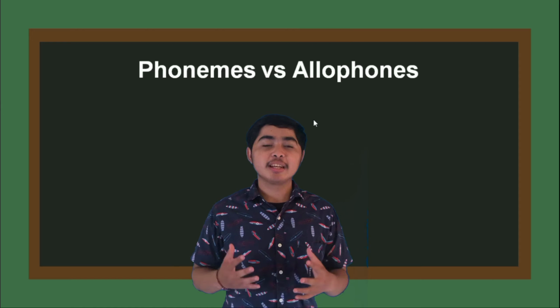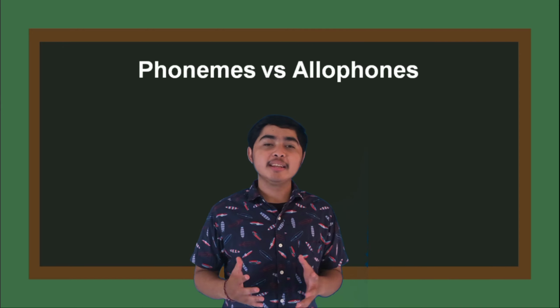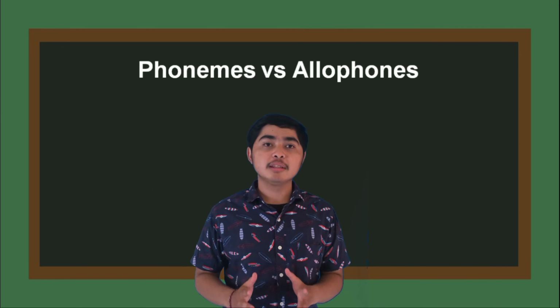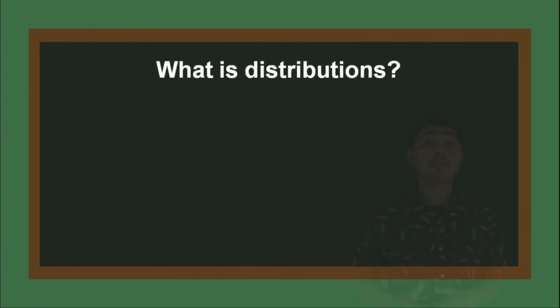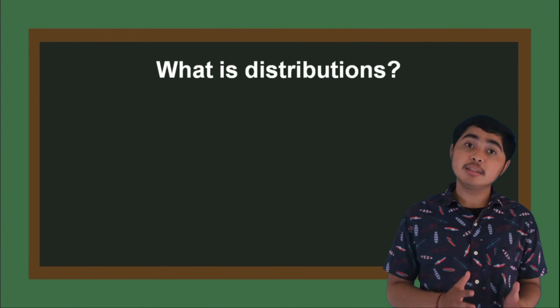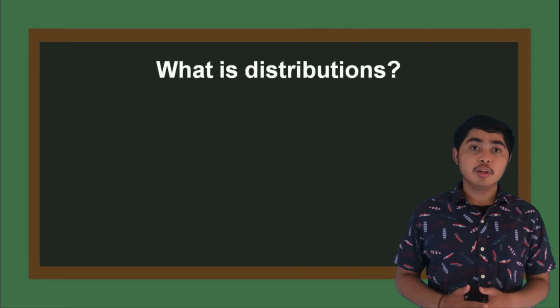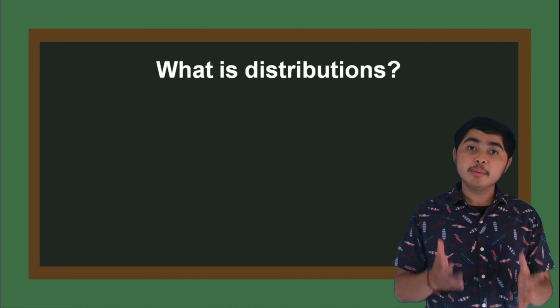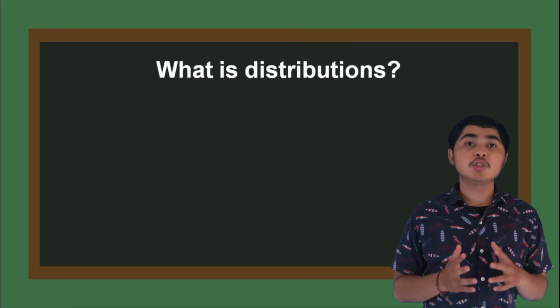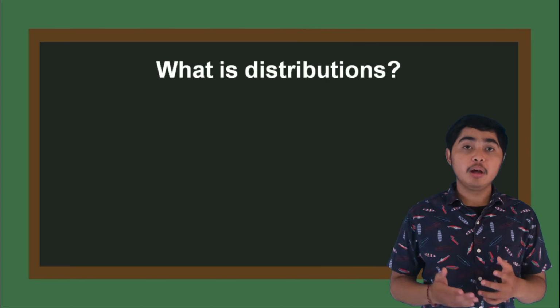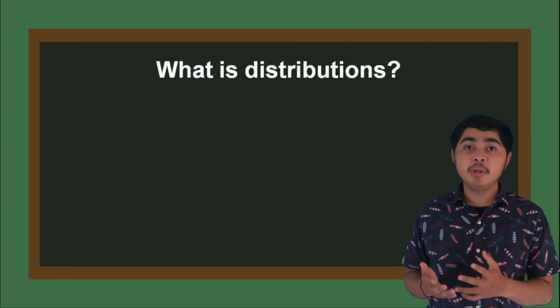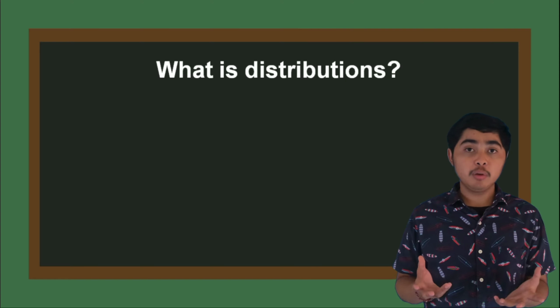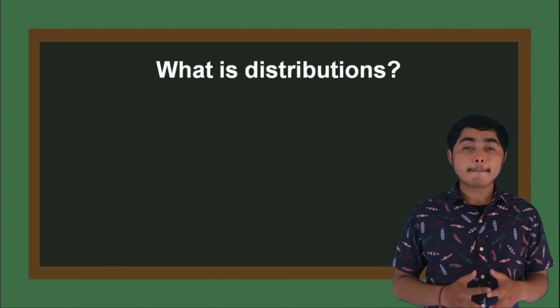Today we're going to discuss defining the distributions of consonantal allophones. To understand the distribution of consonantal allophones, we have to know what distribution is. Distribution here refers to the set of phonetic environments where a phone occurs.